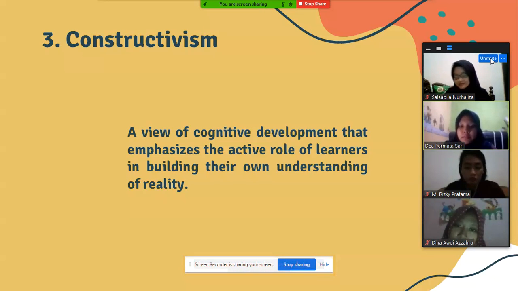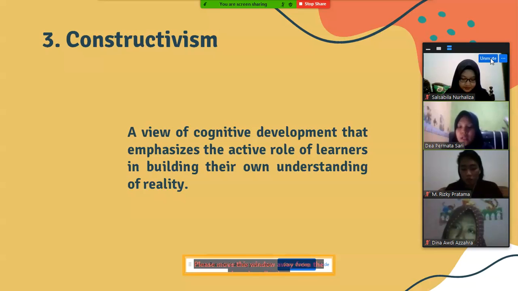So this is a view of cognitive development that emphasizes the goal of learners in building their own understanding of reality. The basic assumption of constructivism theory as a learning theory of educational psychology is that basically everyone already has initial knowledge or proficiency about something to be studied.